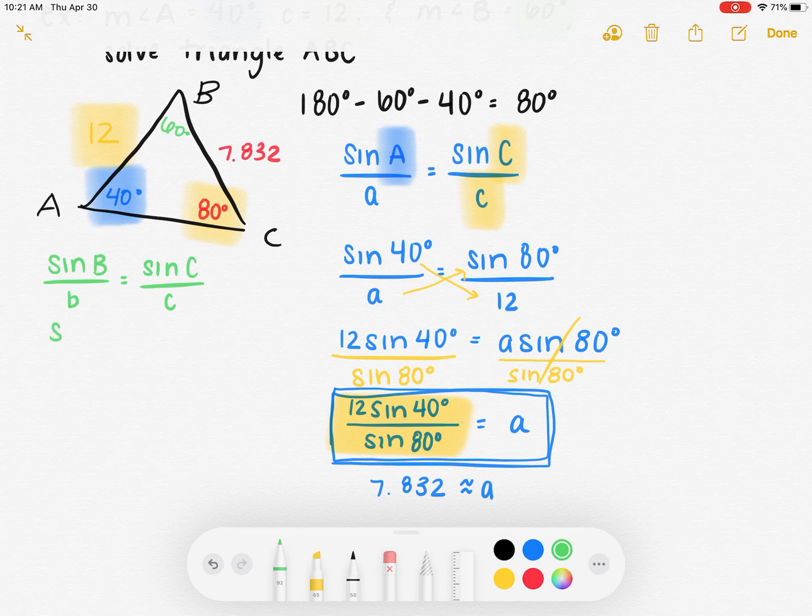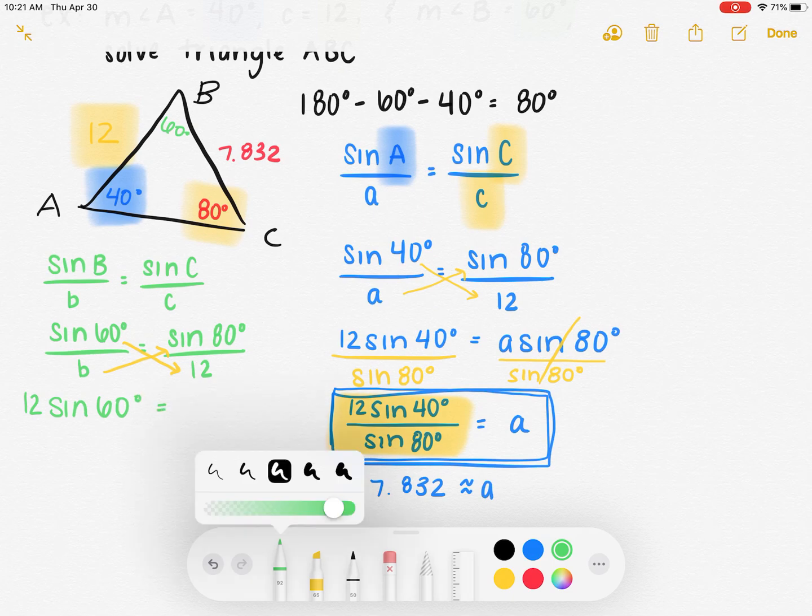So now I'm just going to plug in what I know. I know sine of B is 60 degrees over B, because that's what I'm looking for. Sine of angle C is 80 degrees and side C is 12. And again, I'm going to cross multiply so that I get 12 sine 60 degrees equals B sine 80 degrees.